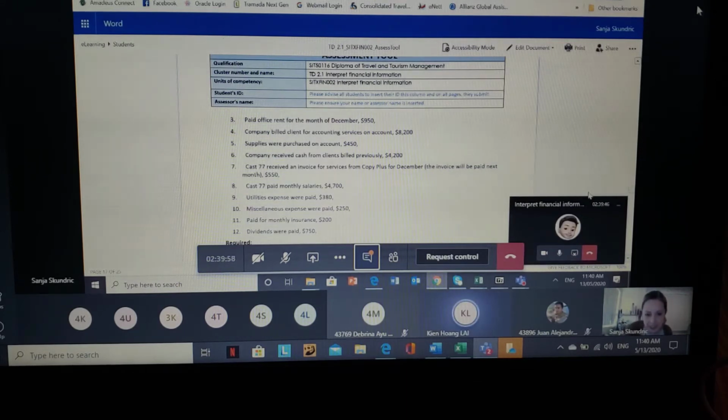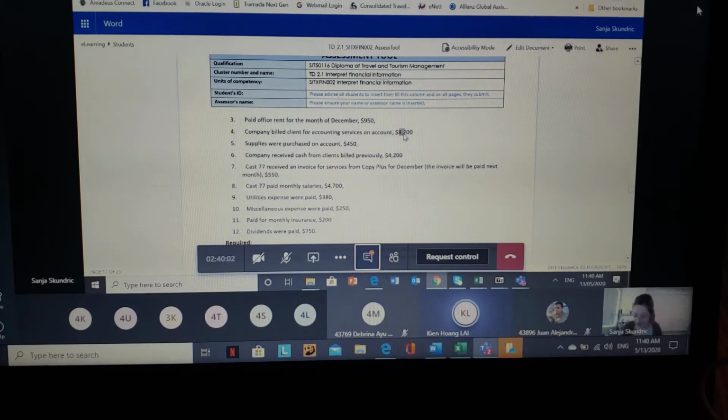Yes. That's one first, just the account receivable. And then the next one, because they said they received cash, the number 6, 4,200. So I put cash 4,200, but account receivable from this I minus 4,200.